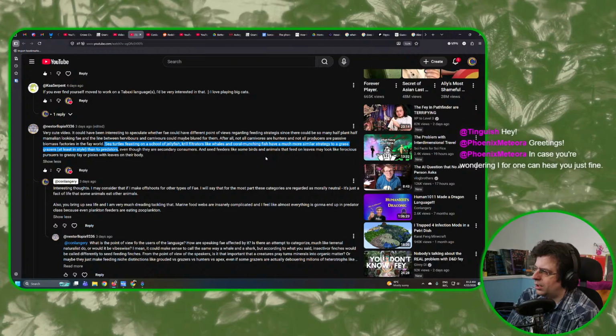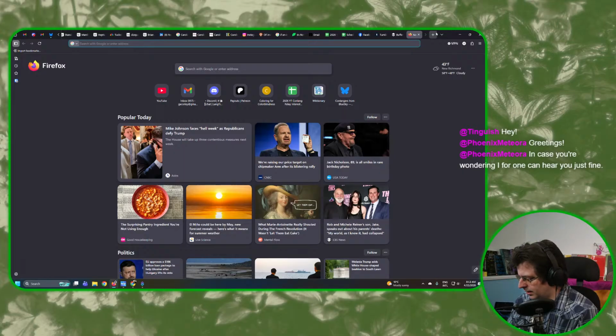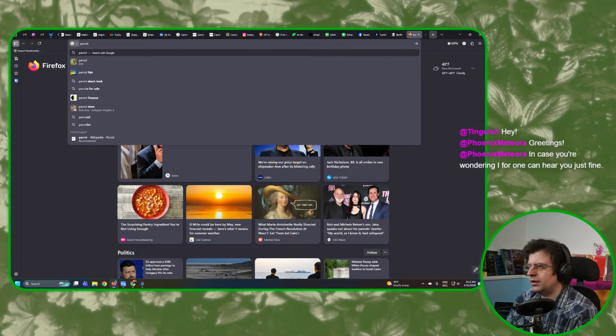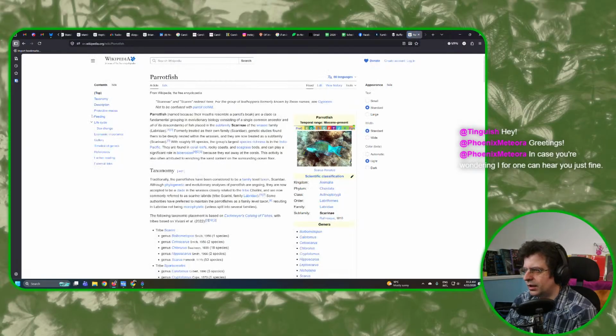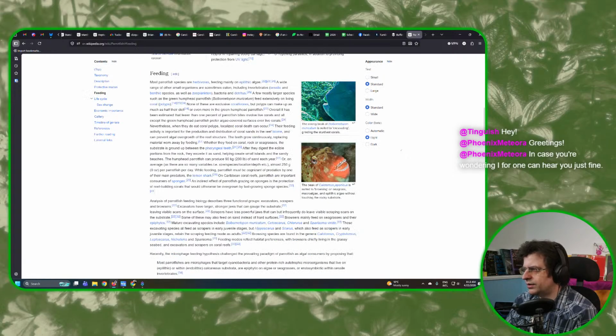So that could be an herbivore, or even possibly the class 4 parasite decomposer of that. So let me look up parrotfish. That's something I might be thinking about. So feeding, most parrotfishes. Okay. Wikipedia outright calls them herbivores.